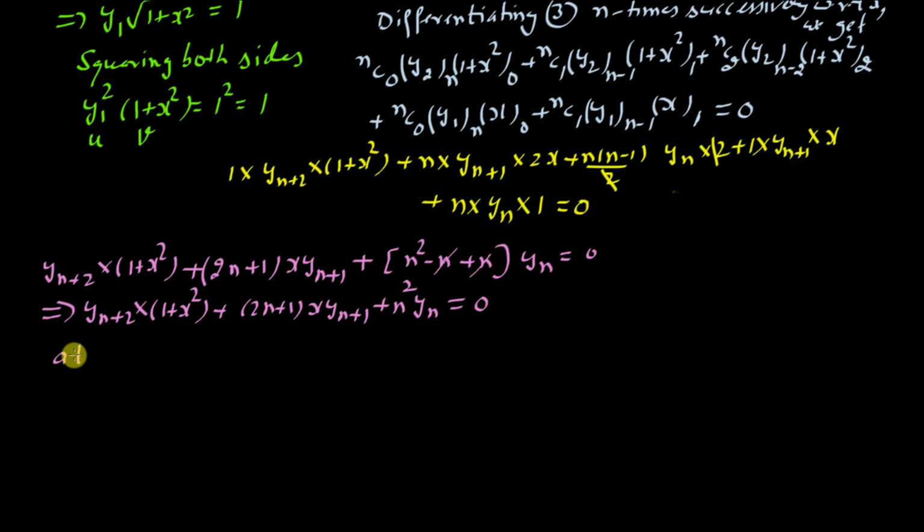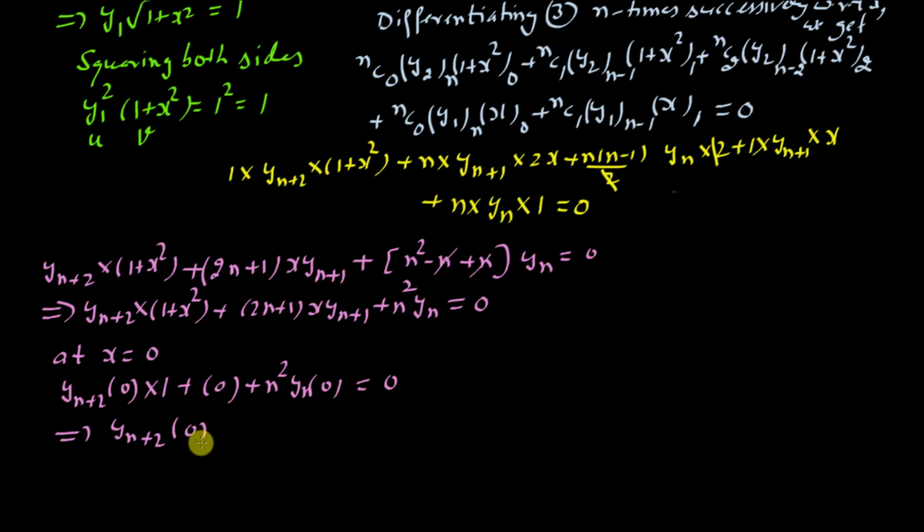At x is equal to 0, y(n+2)(0) into 1 plus 0 is 1, plus here will be 0, anything multiplied with 0 is 0, plus n square yn(0) is equal to this one. This implies that y(n+2)(0) is equal to minus n square yn(0). Fine.